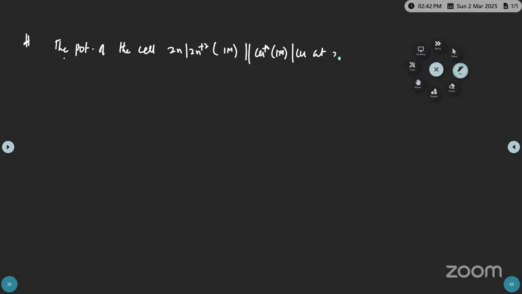At 25 degrees centigrade the potential of the cell is 1.1 volt.